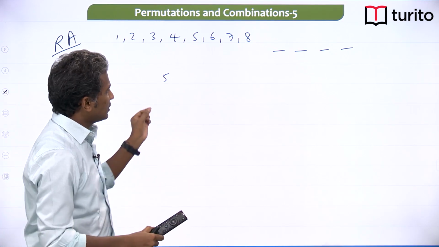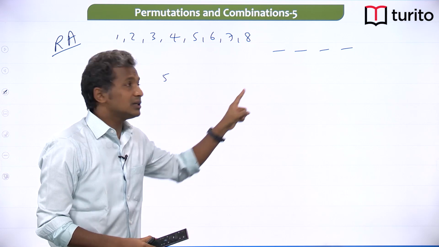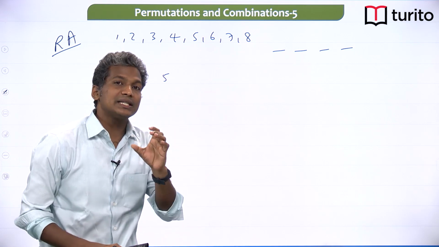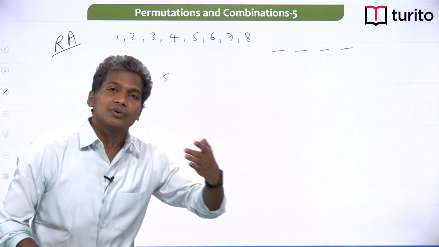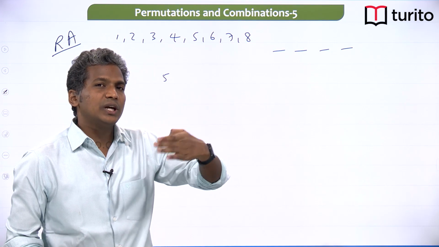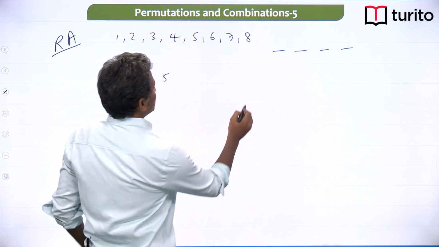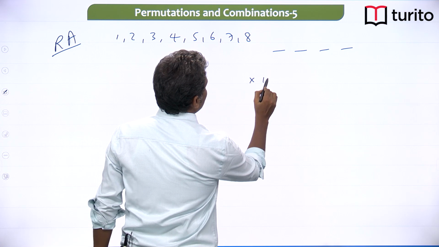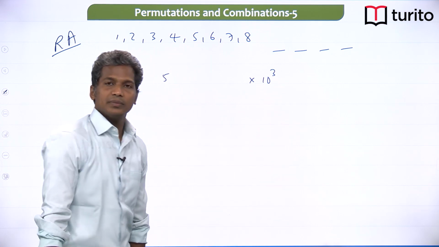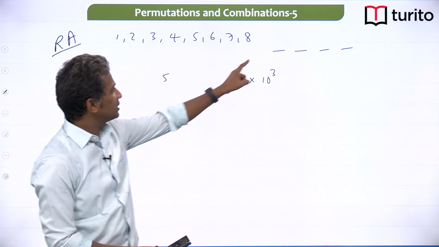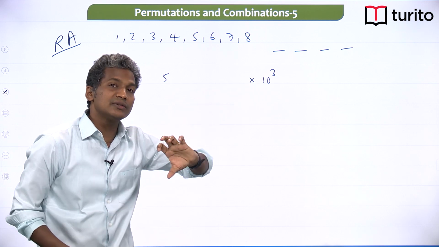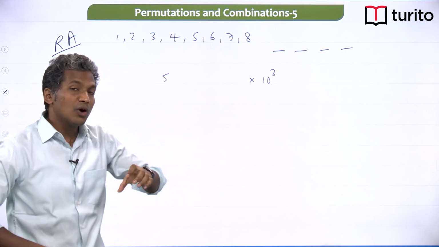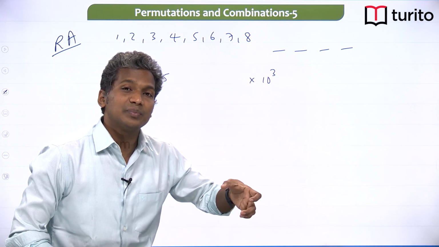Now if 5 is coming in the thousands place, what is its value? It is 5000, right. So it is 5 into 10 cube. I will multiply this with 10 cube, because if 5 is coming in the thousands place, its value is 5000. Now, how many times is 5 coming in the thousands place?